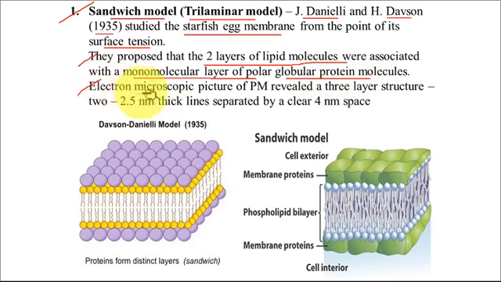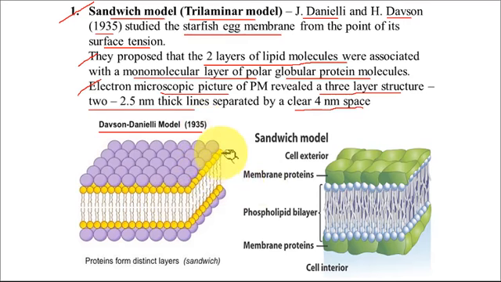The electron microscopic picture of the plasma membrane revealed a three-layer structure, of which two layers were around 2.5 nm thickness and separated by a 4 nm space. Here in this picture you can see the sandwich model proposed by Danielli and Davson in the year 1935.